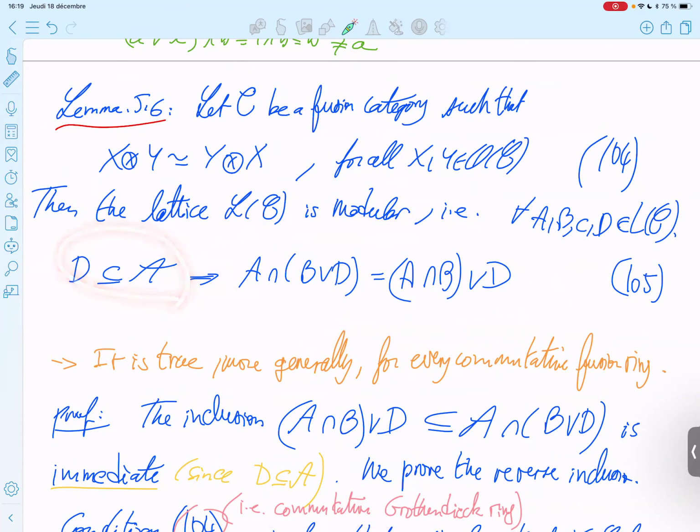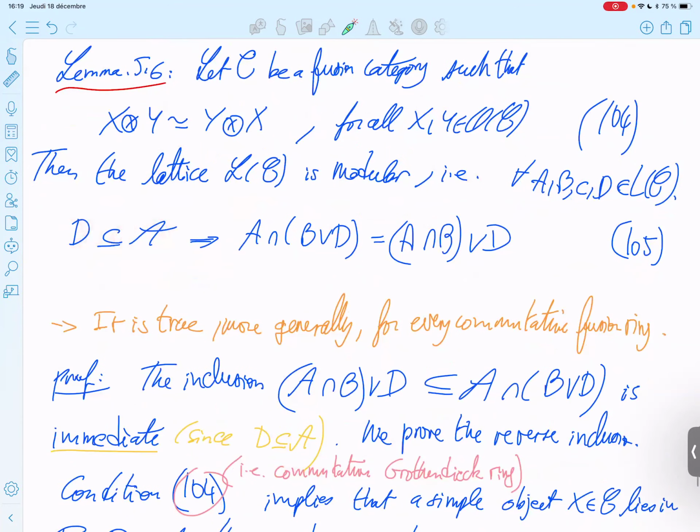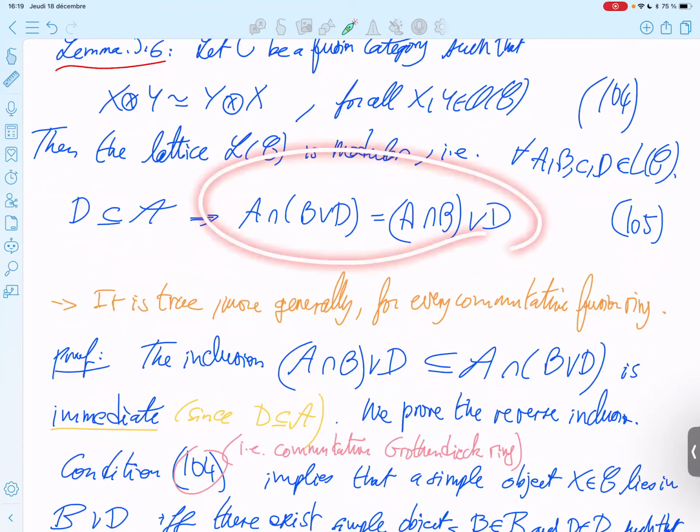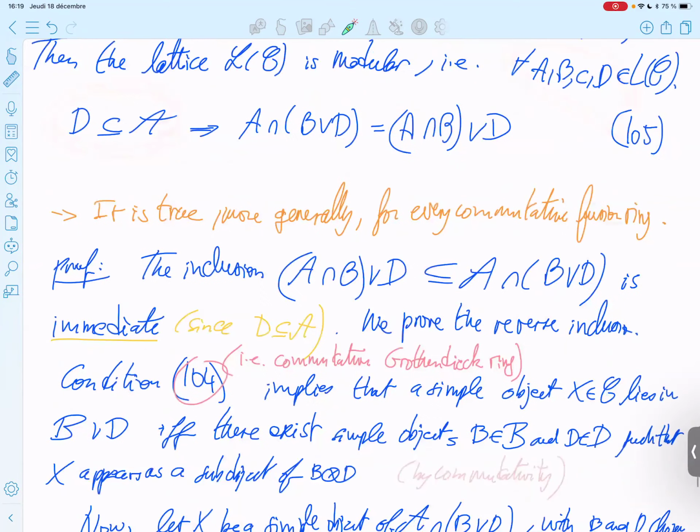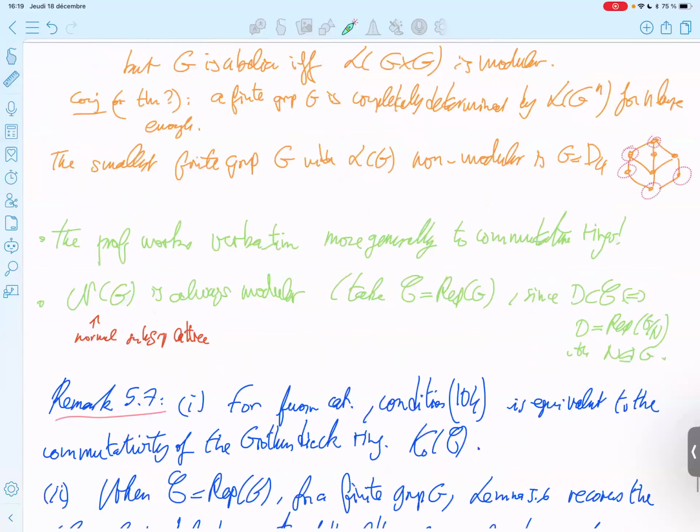So let me show you what is D, what is A in our setting, and then you will get this automatically, because the relation is only on A, D, and A. The other ones are just random.